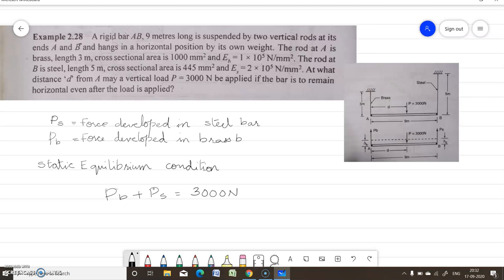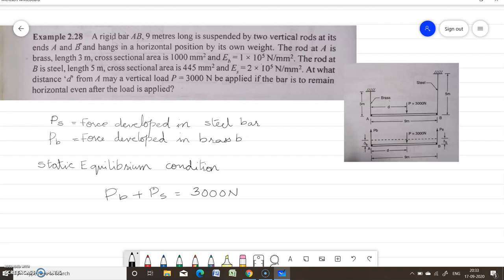The bar remains horizontal means even after the application of this load, even though there is some elongation in these two rods of brass and steel, this rod remains horizontal means this elongation will be same, isn't it?